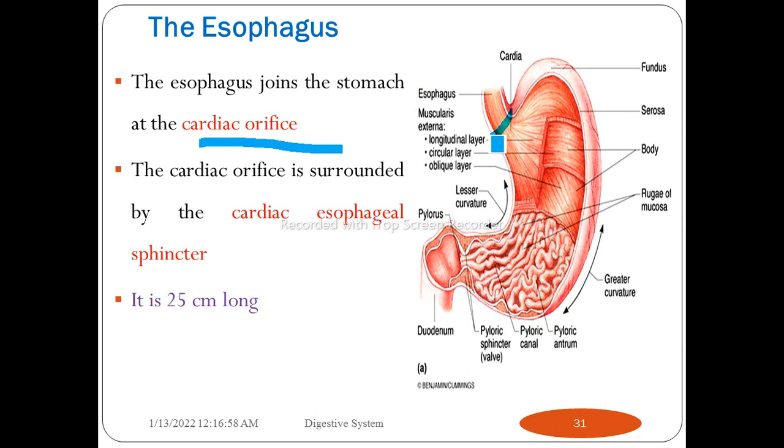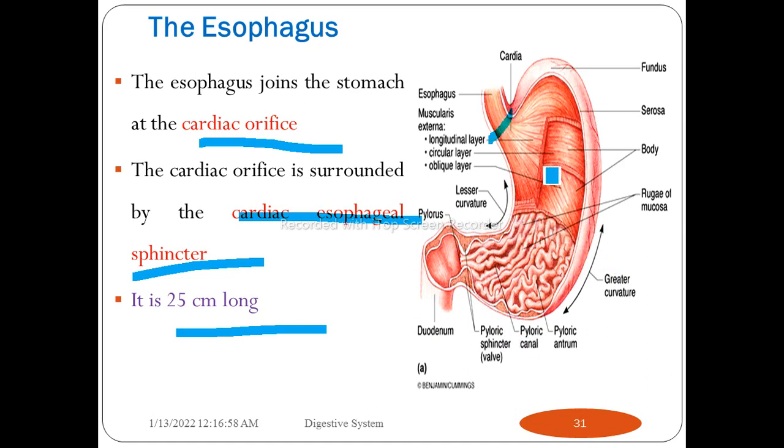The cardiac orifice is surrounded by the cardiac esophageal sphincter. The esophagus is 25 centimeters long. This is the sphincter here. This sphincter is known as the cardiac esophageal sphincter. This is important to prevent backflow of food content from the stomach into the esophagus.